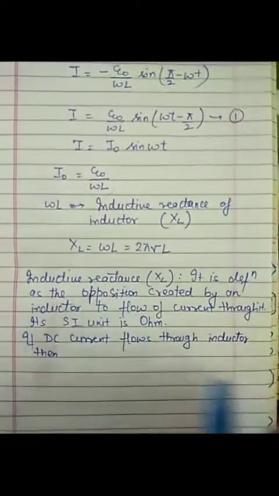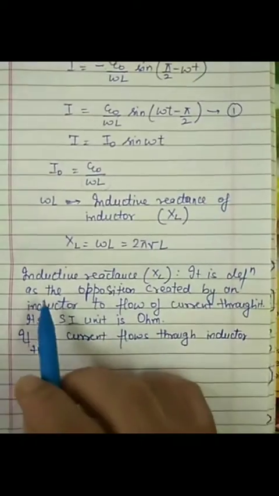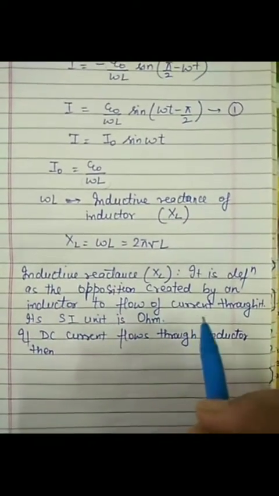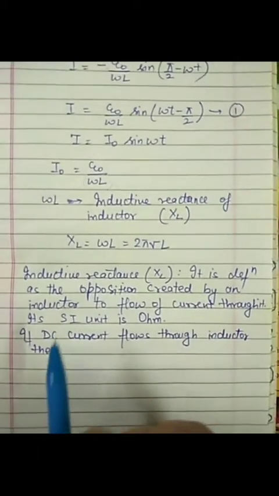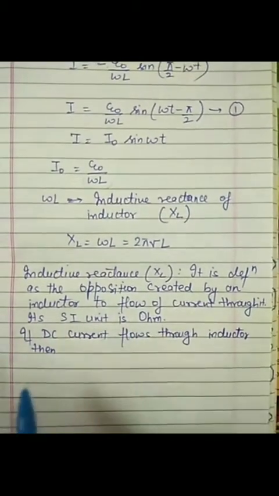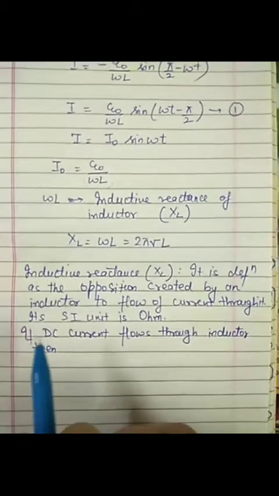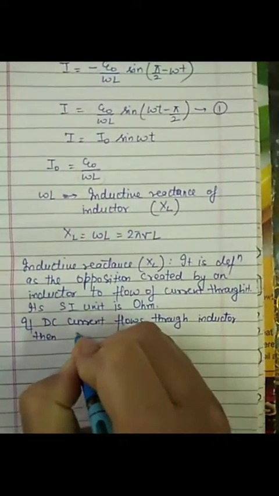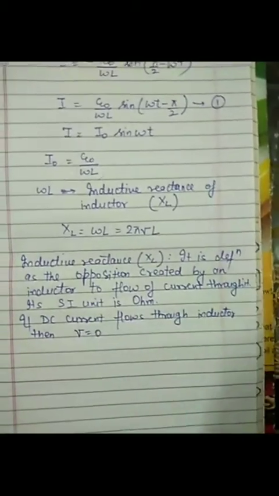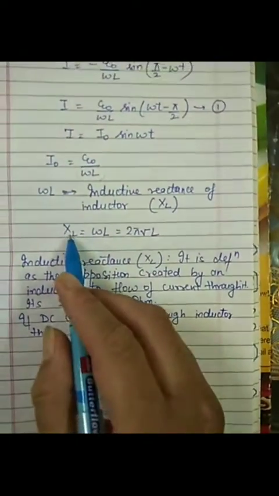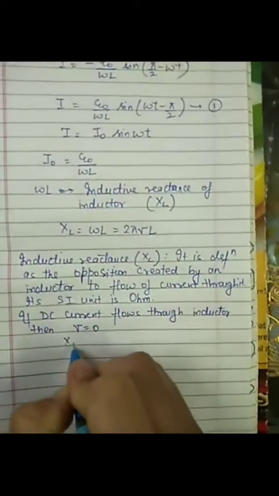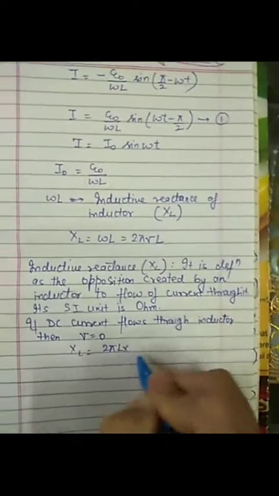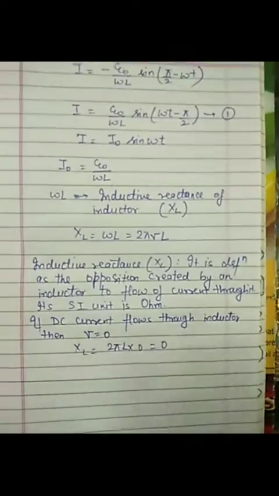Inductive reactance is defined as the opposition created by an inductor to the flow of current through it. Its SI unit is ohm. If DC current flows through an inductor, then the frequency nu equals 0. So the equation will become XL equals 2 pi L into 0, which is equal to 0.